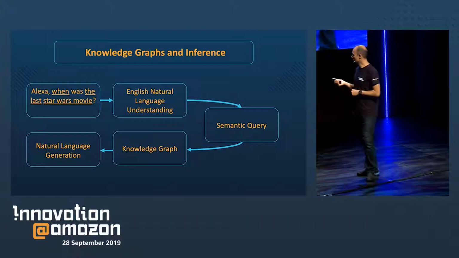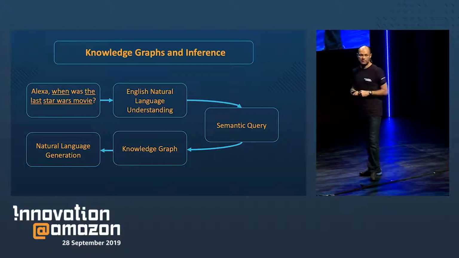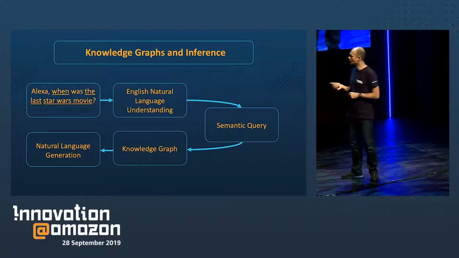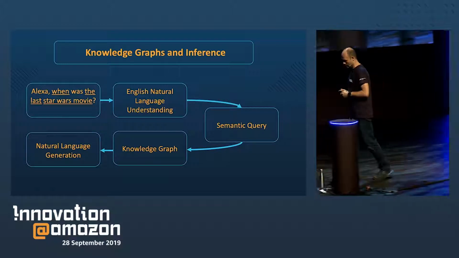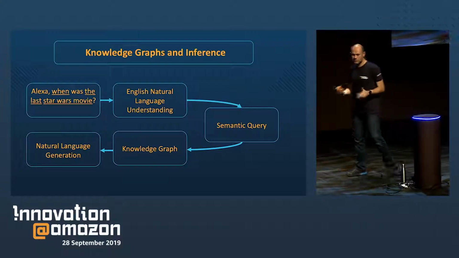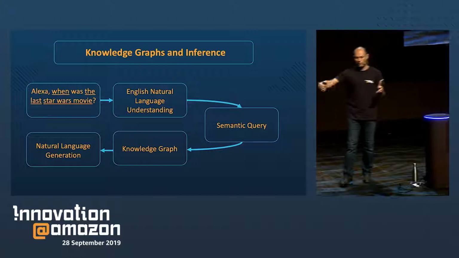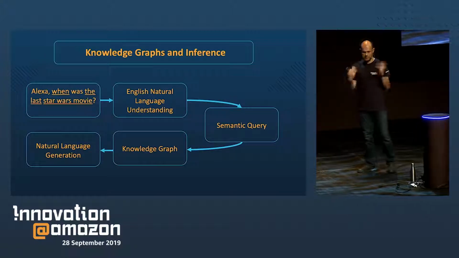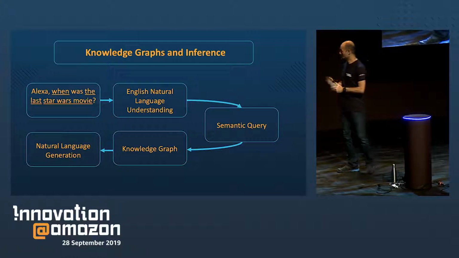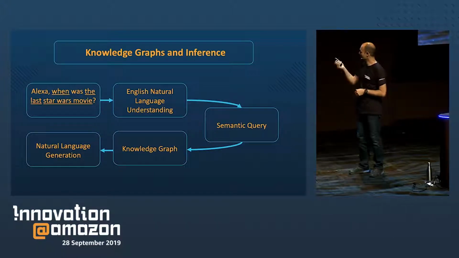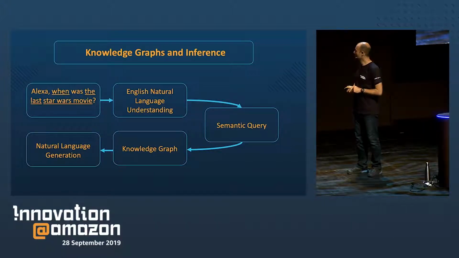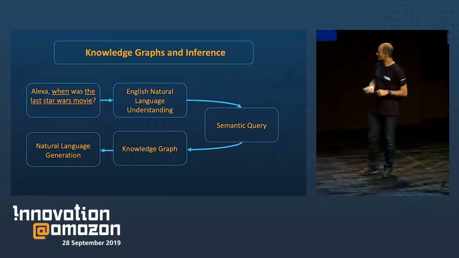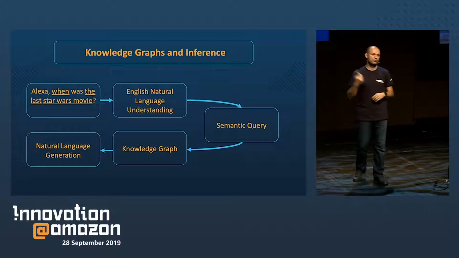This query becomes very, very complex as you go for more complex questions, and the language is compositional, as you know. You can add more and more things as you talk about concepts in the world. For example, you may want to say, "Alexa, when was the last Star Wars movie that George Lucas directed?"